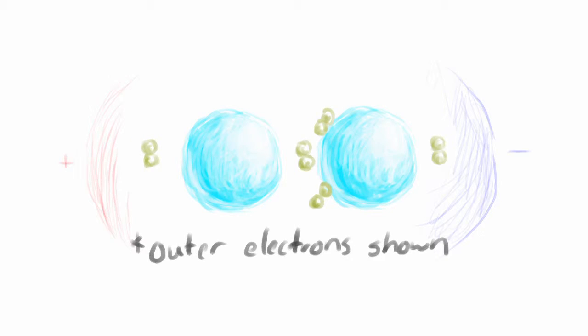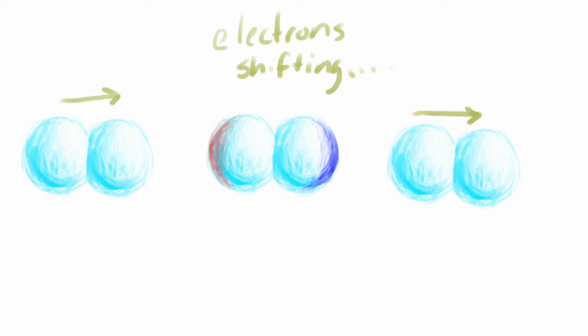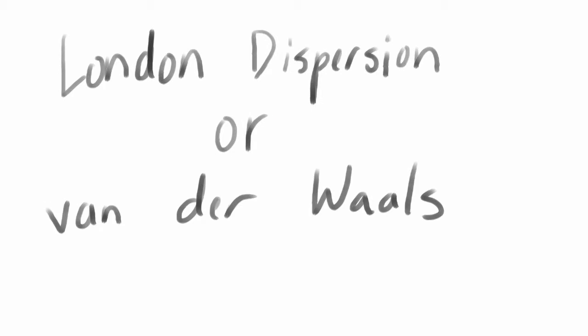When these temporary or induced dipoles happen, they can influence nonpolar molecules around them to move their electrons in a way to make an opposite charge form on the side facing the other molecule, making the induced dipole force. This force is also known as London dispersion or van der Waals forces.